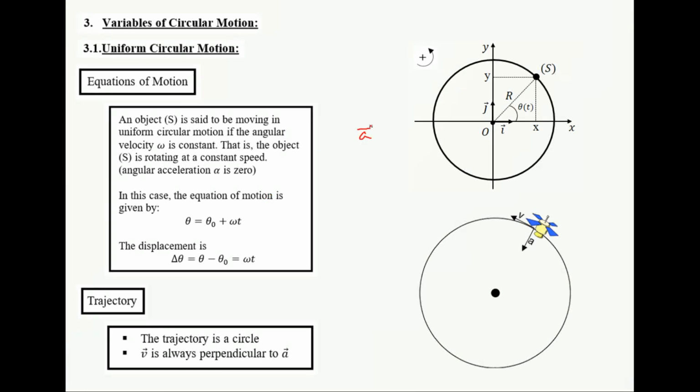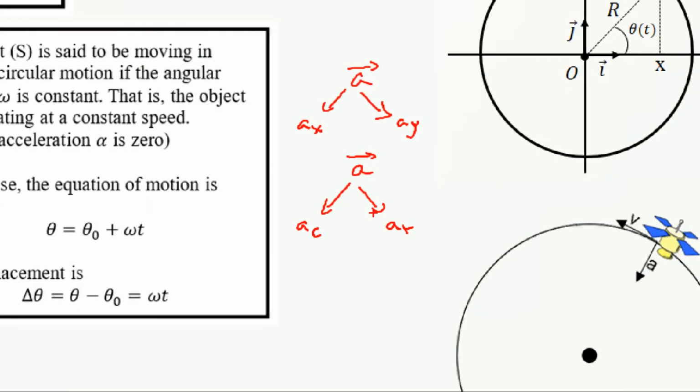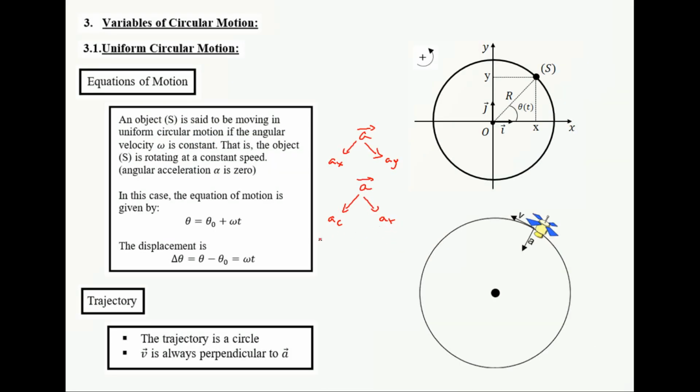The acceleration a in the Cartesian coordinates has two components, ax and ay. In the polar coordinates, a has two components given by a centripetal and a tangential, which is related to the angular acceleration. So the total acceleration may be due to the centripetal acceleration or may be due to the tangential acceleration. Now we know that velocity v has both magnitude and direction.